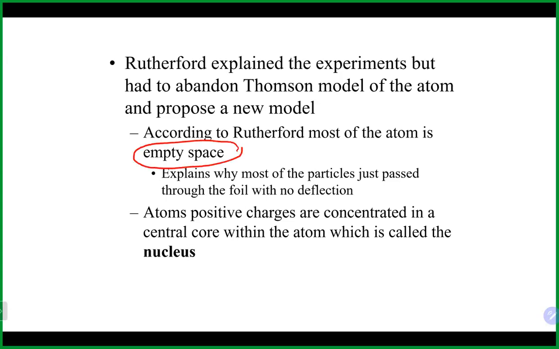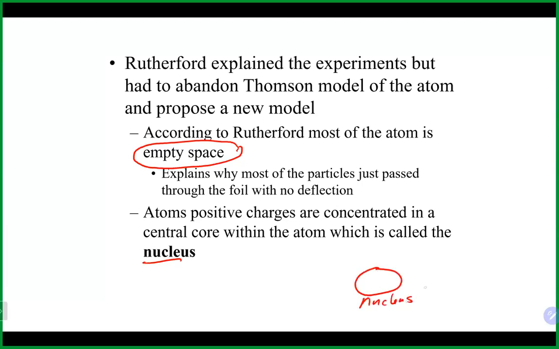The atom being mostly empty space accounts for why those alpha particles really did not have any problem flying through and didn't deflect, because frankly, they didn't hit anything. He also explained that there had to be a really dense positive core, which is the nucleus. So we have this positive nucleus here.